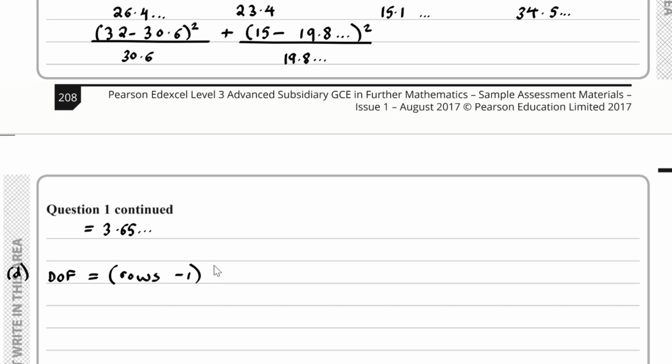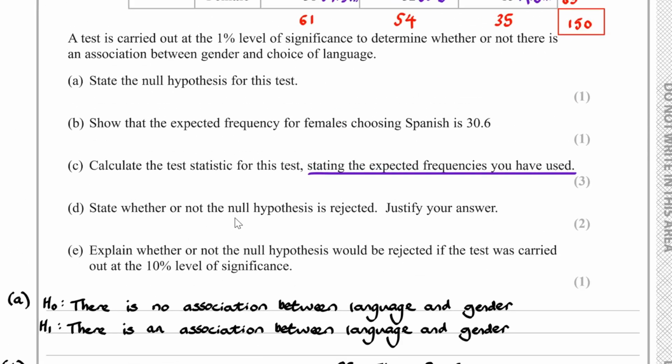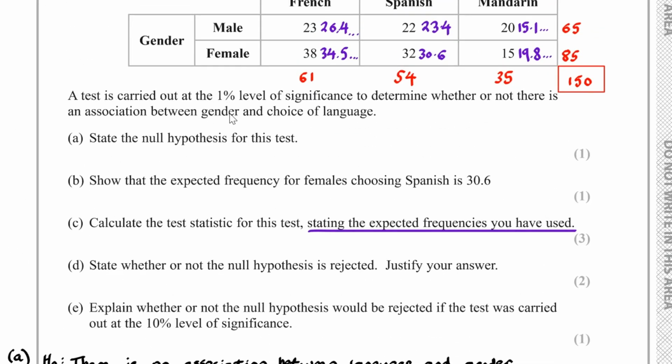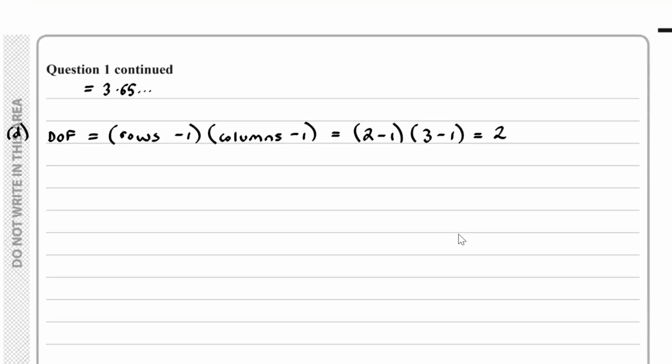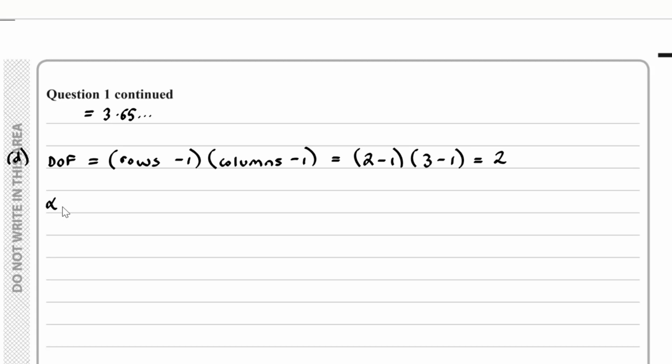We have 2 rows and 3 columns, so our degrees of freedom is equal to 2. We were told in the question that we're looking at the 1% level of significance, so alpha equals 1%, or 0.01.